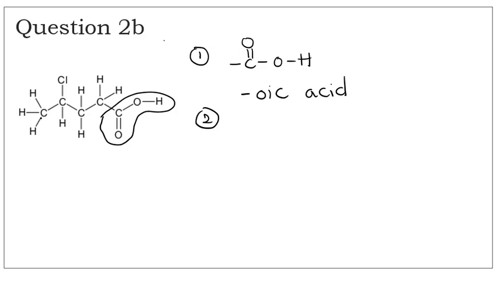You then have to consider the longest carbon chain. It definitely needs to include the carboxyl group, and it needs to include this carbon in the carboxyl group. There are 5 carbons. So pent. That leaves me with a branch here.